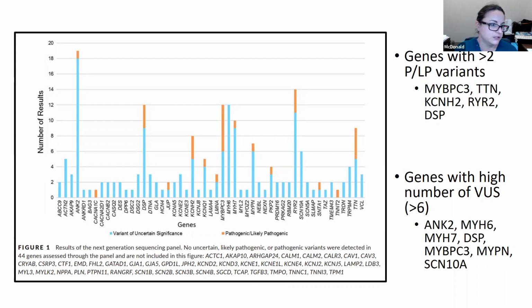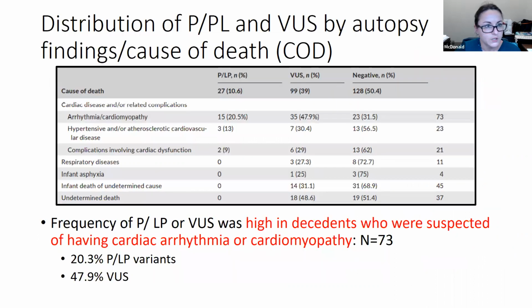And those are generally associated with a higher number of results on the chart, as well as genes with high number of variants of uncertain significance. And in this context, they said it was greater than 6. So the distribution of the gene alterations were looked at by autopsy findings or cause of death.